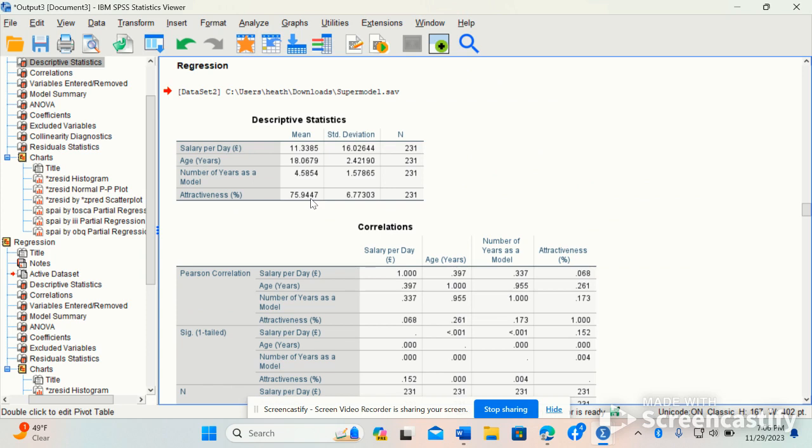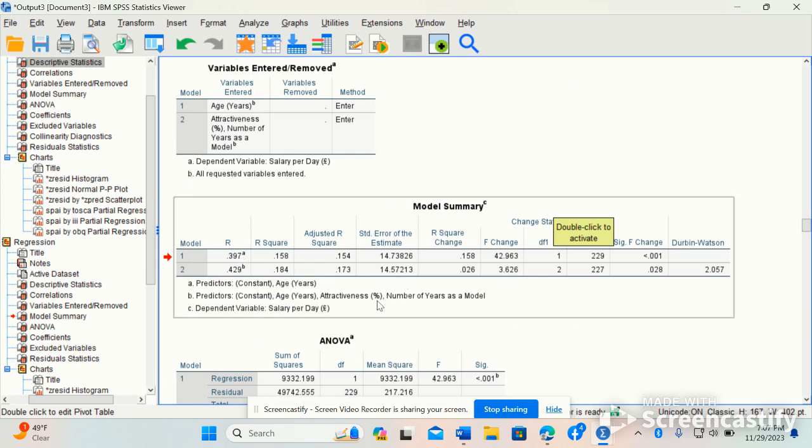Okay, so the very first question is how much variance does the final model explain? For the first model, 15.8% of the variance is accounted for, and then 18.4% is accounted for with the added variables.